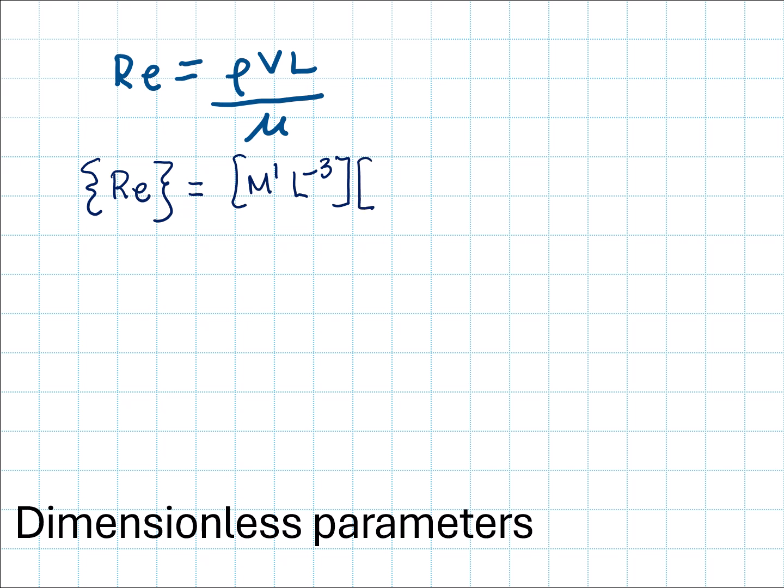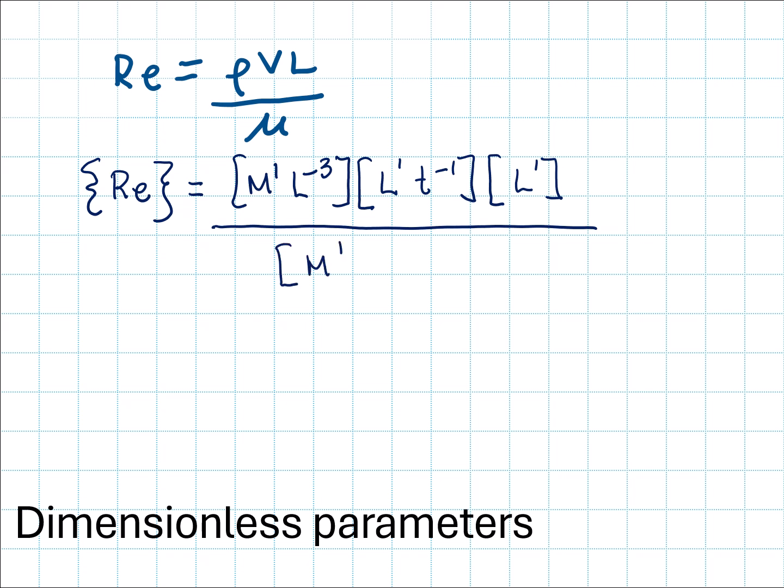My velocity again is going to be length to the power of 1, time to the power of -1, and my length scale, this is just length to the power of 1. In my denominator, I've got viscosity, mass to the power of 1, length to the power of -1, time to the power of -1.